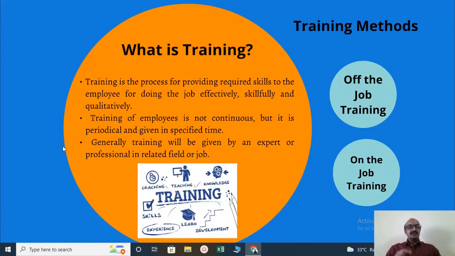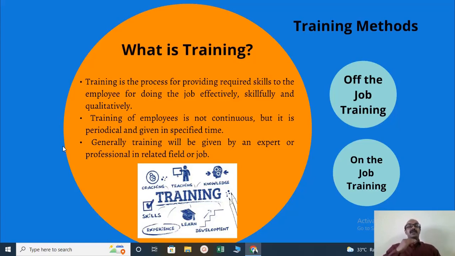Next, generally training will be given by an expert or a professional related to the field of the job. If you take any training program, it will be conducted by an expert. In many industries, the general manager or the superior trains the juniors, because they know very well about the industry policies, job nature, procedures, and how to approach things.